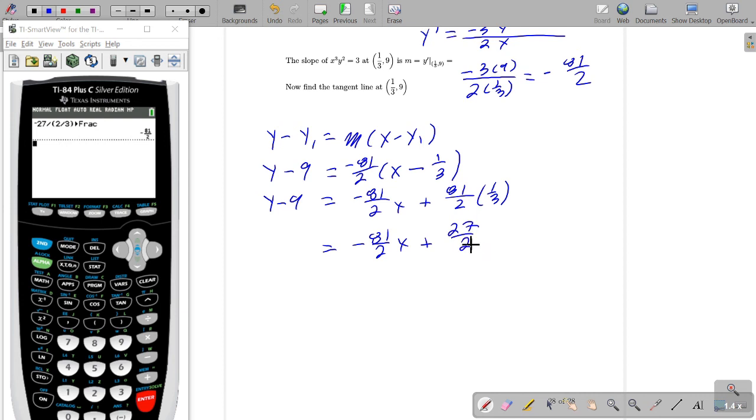So what I want to do is, since I've got a 2 here, I'm going to make this negative 18 halves, get a common denominator. Add 18 halves. And then y will equal negative 81 halves x plus, well, what is 27 and 18? 14, 15, carry the 1, so 45 halves.